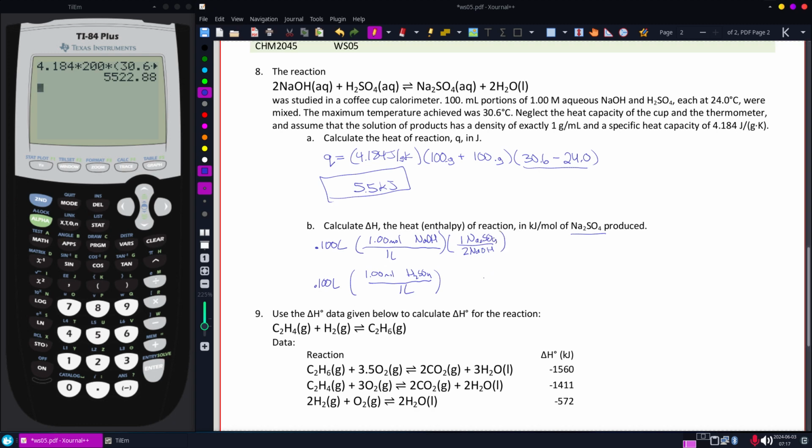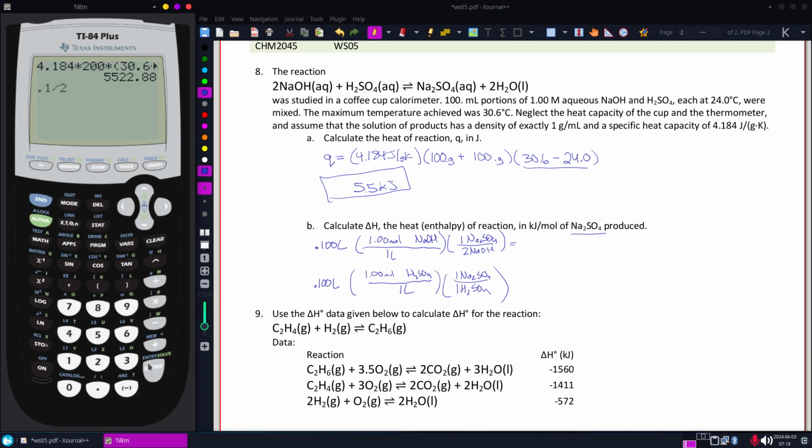So we're going to use up the sodium hydroxide faster, because if we look at this for the H2SO4, it's a 1 to 1. And just because of this, the sodium hydroxide is limiting.